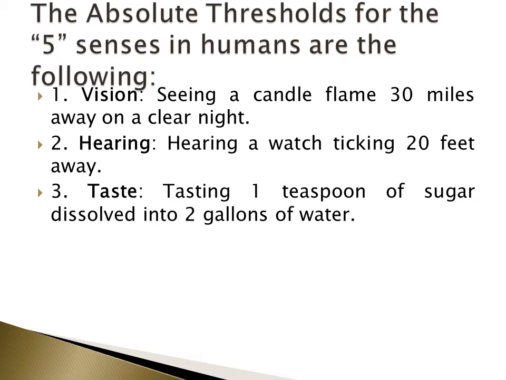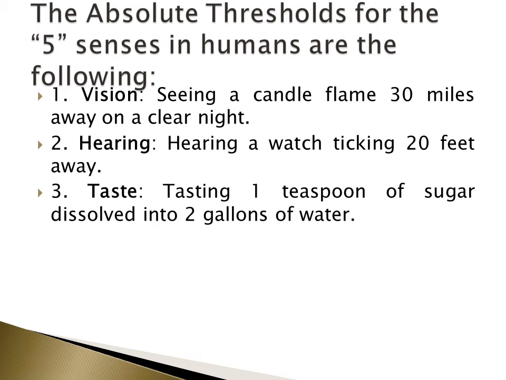All right. So here are the 5 senses in humans that help us in sensing or sensation. We have first the vision, the hearing, taste, and then the other 2 will be on the next slide. So let's go first to the vision. Vision is seeing a candle flame 30 miles away on a clear night.